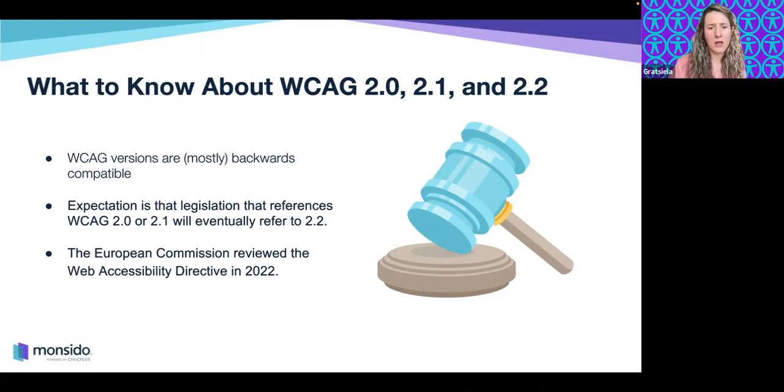Something that is important for the European organizations here is that the European Commission has already reviewed the Web Accessibility Directive based on all the data that has been submitted since the release of the European Accessibility Act. They have measured that many users, as Lars has mentioned, increased their online use also on public entities and public authorities.